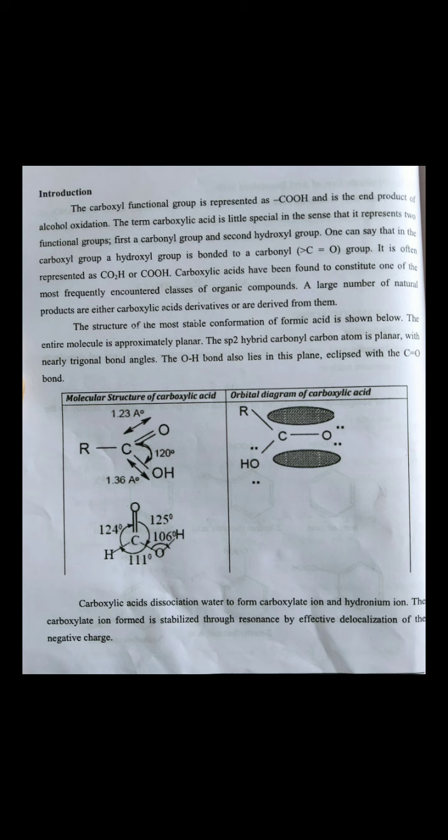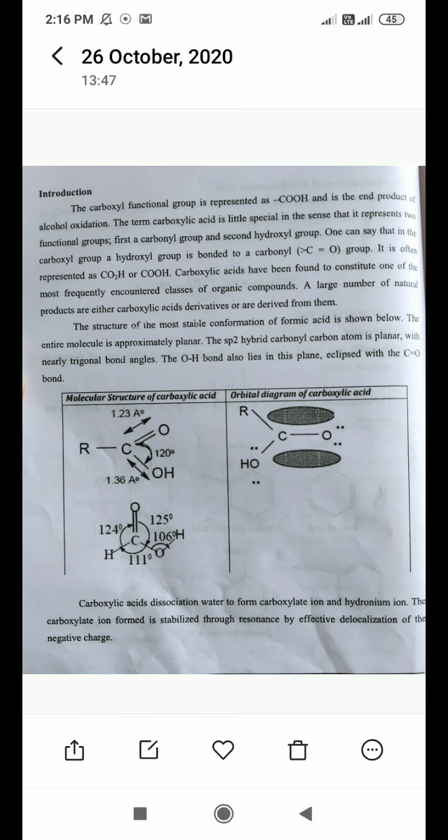Now, carboxylic acid dissociates in water to form a carboxylate ion and a hydronium ion. The carboxylate ion formed is stabilized through resonance by effective delocalization of the negative charge.